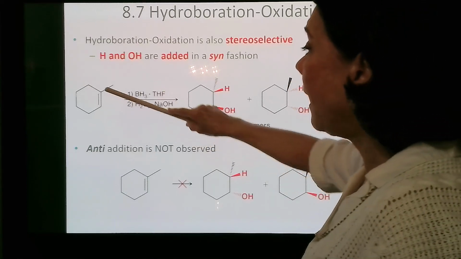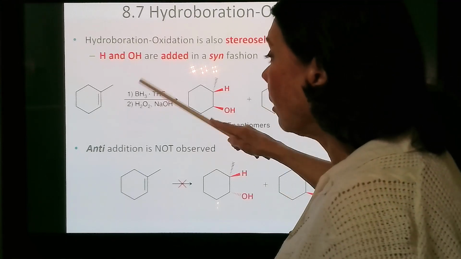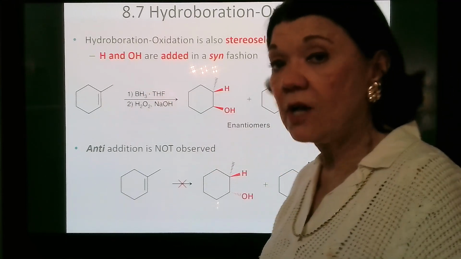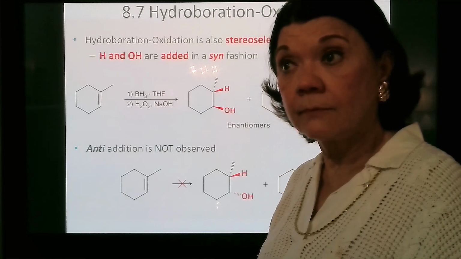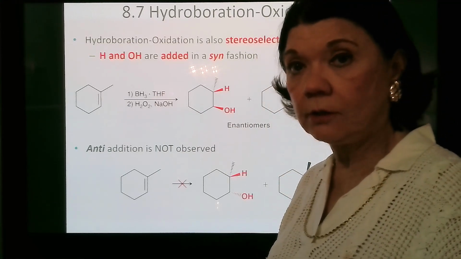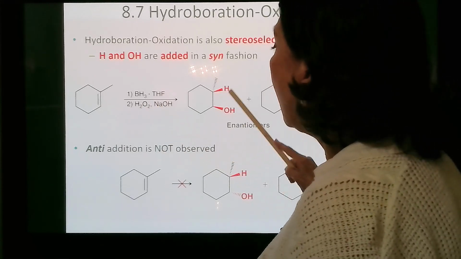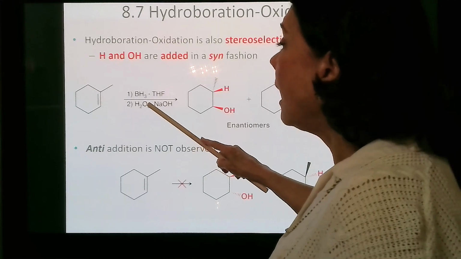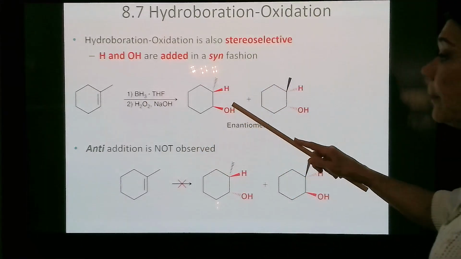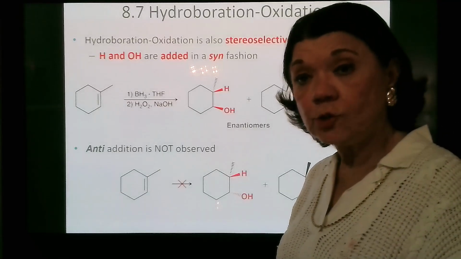So the first step, hydroboration, what you get is the boron and hydrogen are added from the same side of the molecule. Always. You always have a syn addition. Okay? And then when oxidation comes in, the oxygen replaces boron, and there's no rearrangement.